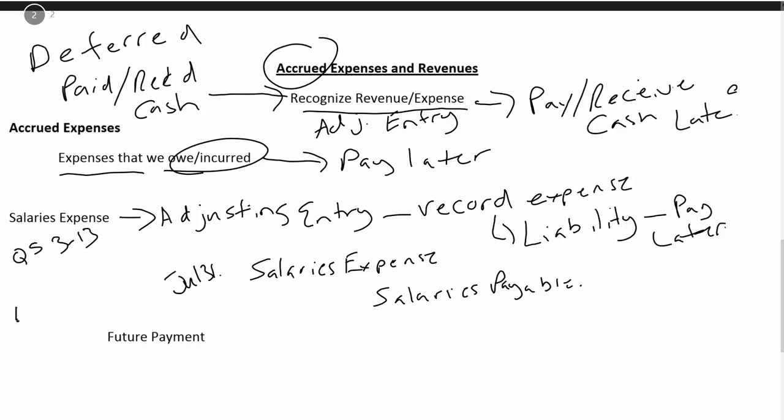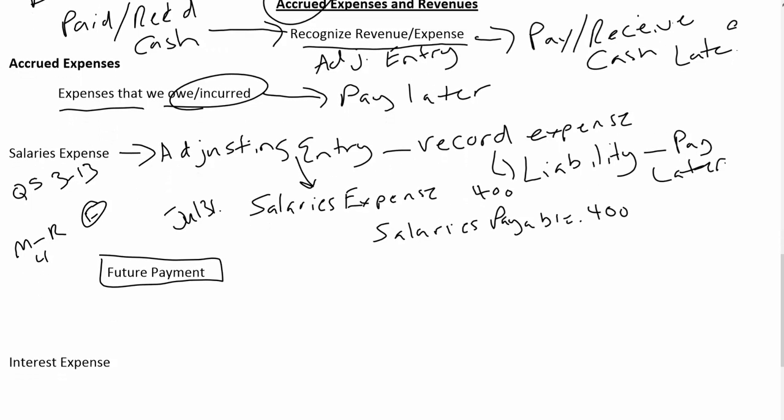So if Monday through Thursday, I'm going to use the R for Thursday, is in July, that's 4 days, and it's $100 a day, you would do that for $400, because August the 1st is on a Friday, so we can't record Fridays yet in July. And so that would be our adjusting entry, where we're going to recognize the expense and we're going to pay it later.